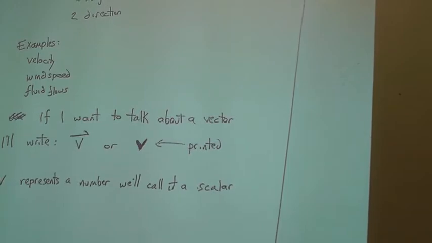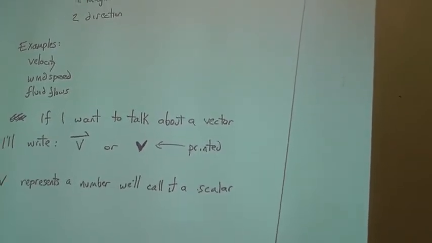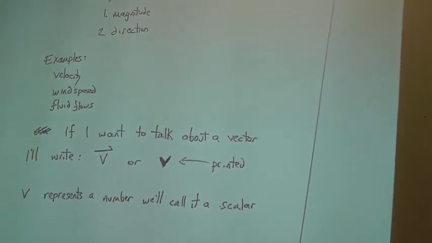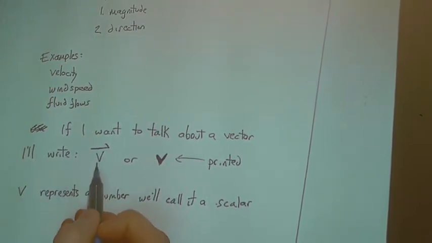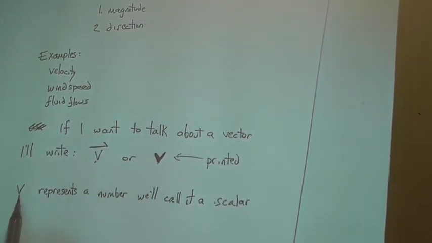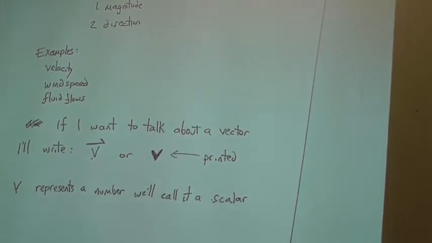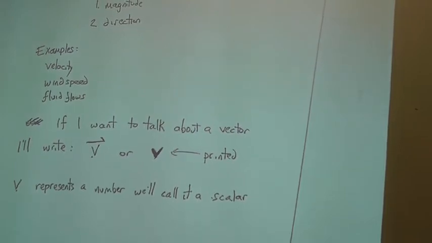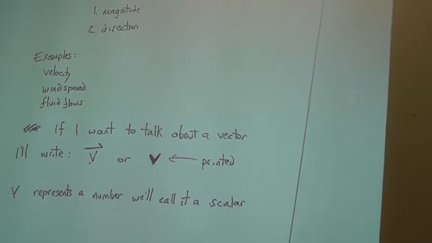I can't go home and make sure you're writing everything down. That's a personal decision you make. But I'm a stickler on notation, and if you write this when you mean that, I'm going to take it to mean this. I've seen too many people get mixed up down the road because they start treating things as vectors which are not vectors.